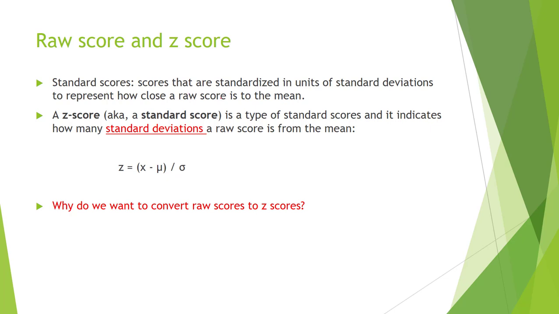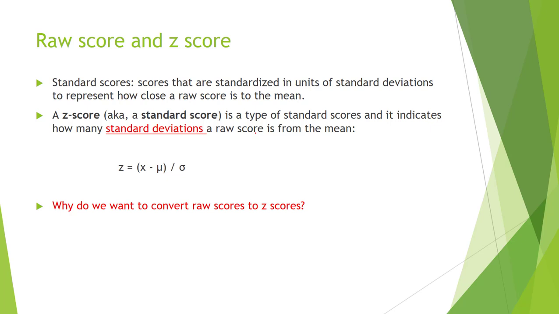Standard scores are standardized in units of standard deviation to represent how close a raw score is to the mean. Based on the previous example, you should know how close to the mean. For example, you got 90.